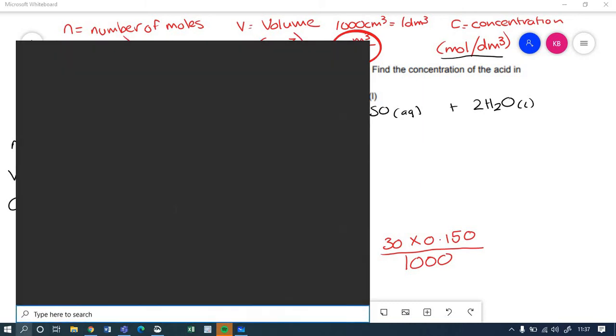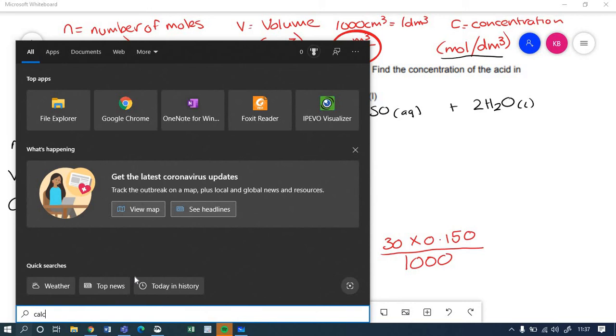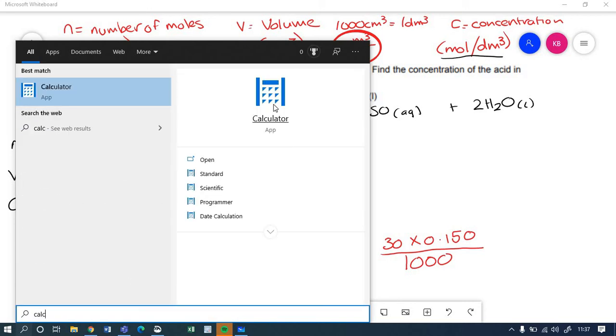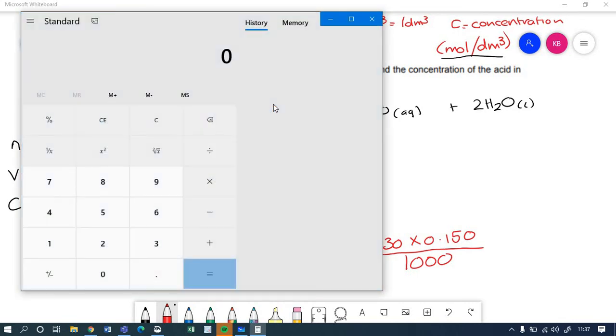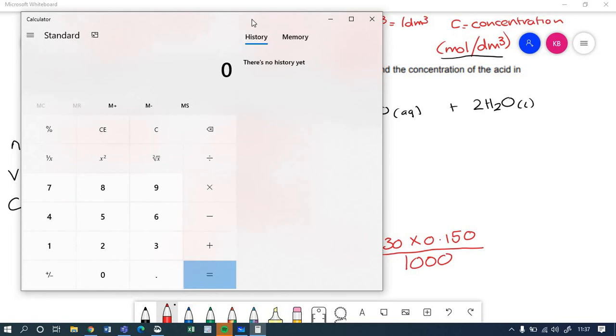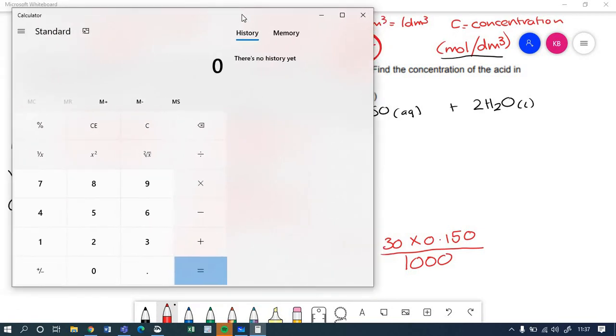Now, apologise for this, I am going to literally have to use a calculator app. Why not? I'm on my computer. So, moving this across slightly so I can see my numbers.